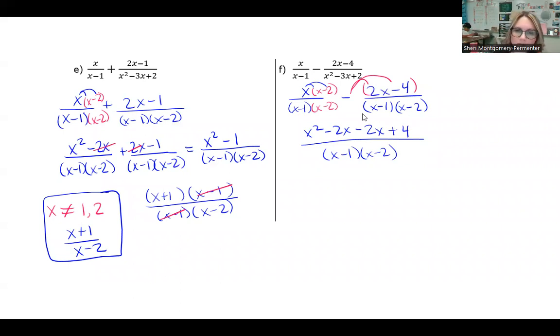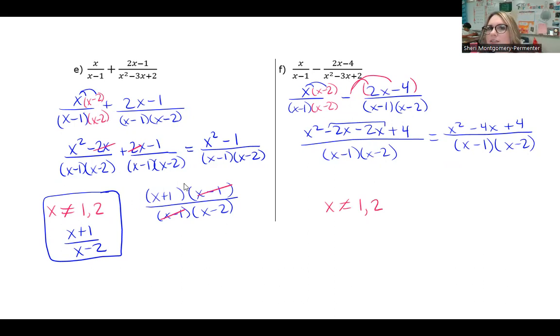We can combine like terms. My middle terms, they're both minus 2x. I forgot to jot down any of my undefined values. They're going to be the same as part E, because x can't be equal to 1 or 2.